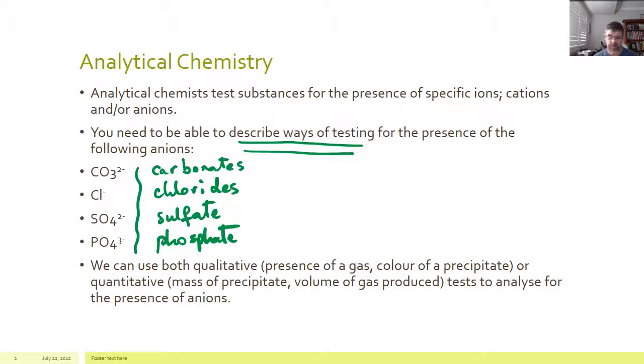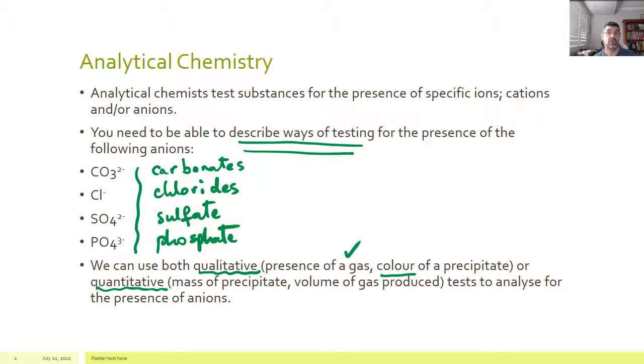So the important thing about this is that we have both qualitative and quantitative tests that we can carry out, and the difference is that a qualitative test doesn't have any measurement. It's simply saying, yes, I can see that a gas has been evolved, there are bubbles here, so there must be a gas. Or it's a white precipitate, or there's no precipitate, or it's a green or blue or brown color, and those are qualitative observations.